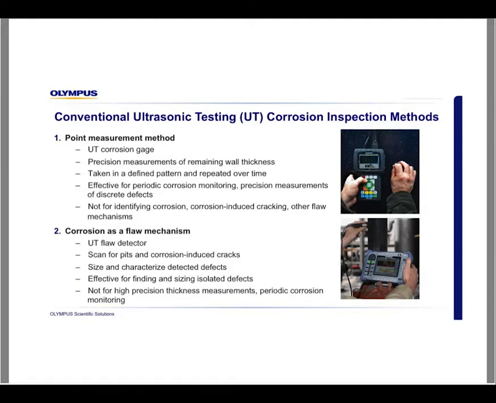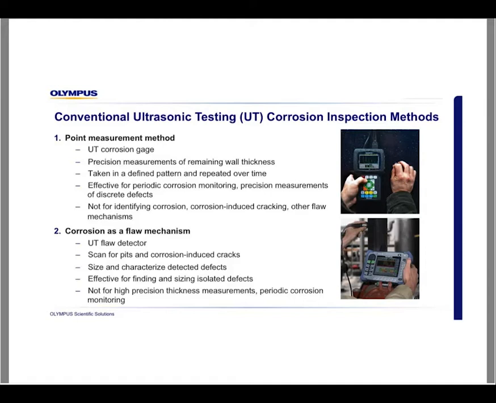And in order to monitor for corrosion over time, these measurements are taken in a defined pattern at a specific location and then repeated, so you can sort of gauge a change in part thickness over time. This method is particularly effective for periodic corrosion monitoring, and to take precision measurements of discrete defects. Because the instruments used are designed for taking precision thickness measurements, this is a particularly precise way to measure corrosion changes over time.